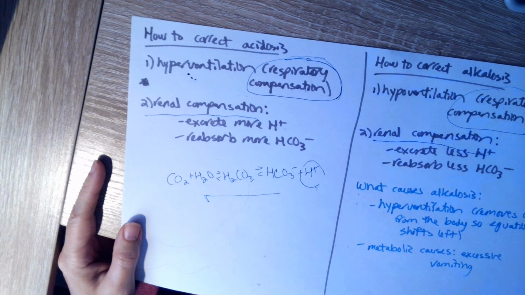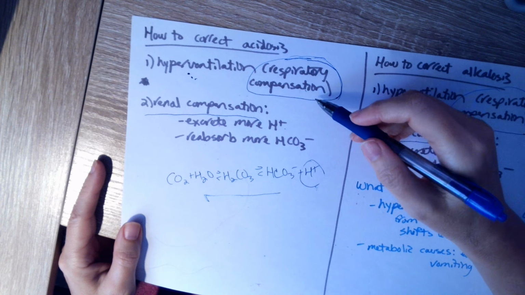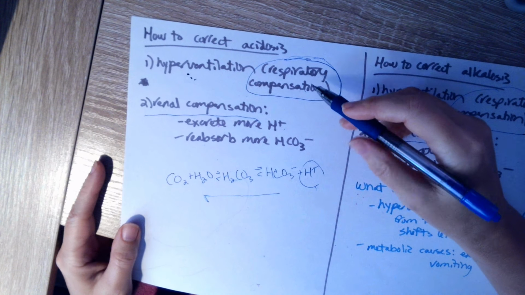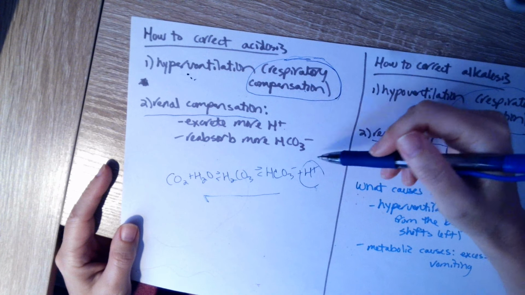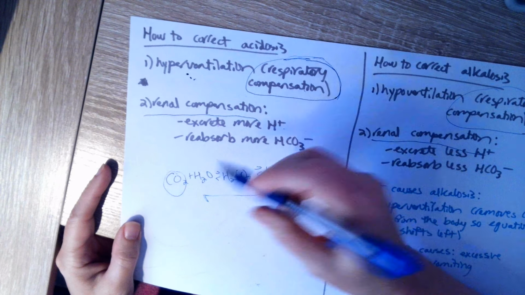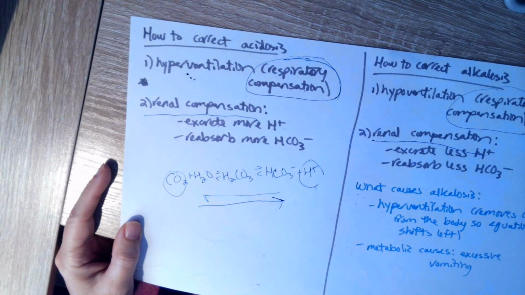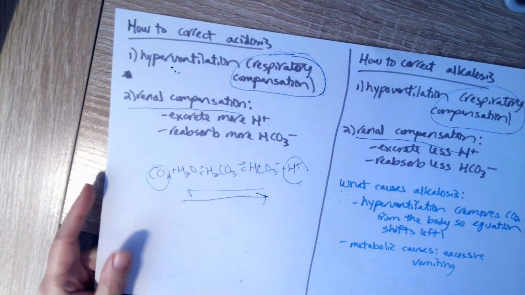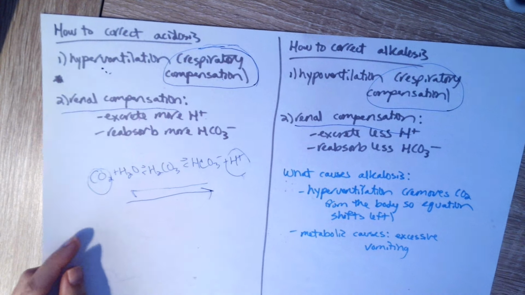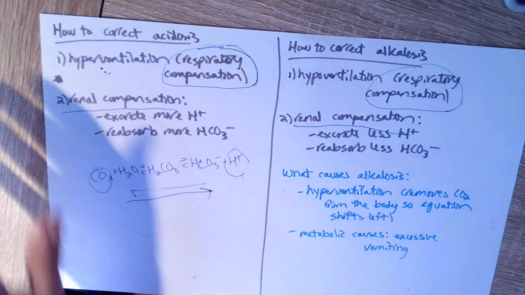Your body's just doing that on its own. So they're just sitting there hyperventilating. They don't know they're ketoacidic. And if you stick a paper bag over their face, then they're just breathing in their carbon dioxide again. That's going to drive the equation that way, make them more acidic. So the take home from that, never stick a paper bag over the face of somebody who is hyperventilating.